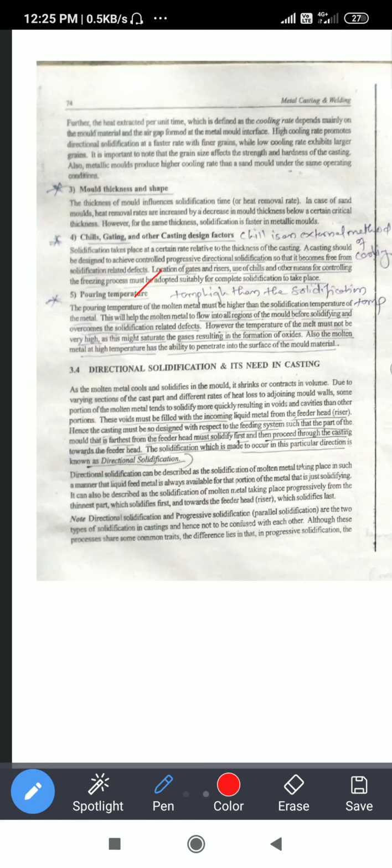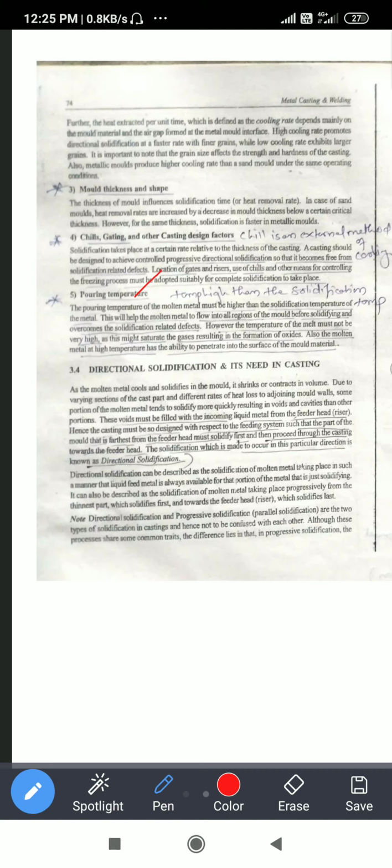Now, as the molten metal cools and solidifies in the mold, it shrinks and contracts in volume. Obviously, when the molten metal starts solidifying and its temperature goes below the melting point, it starts to shrink.